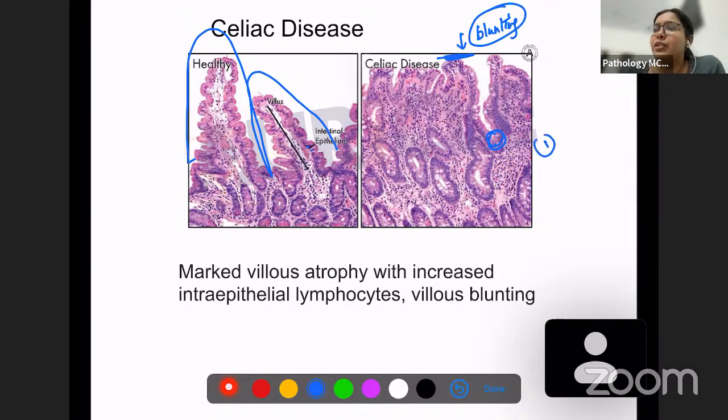So the first feature is villus blunting. It is very visible, but the feature which is actually present in early stages is intraepithelial lymphocytes. The third important feature present in celiac disease is crypt elongation.